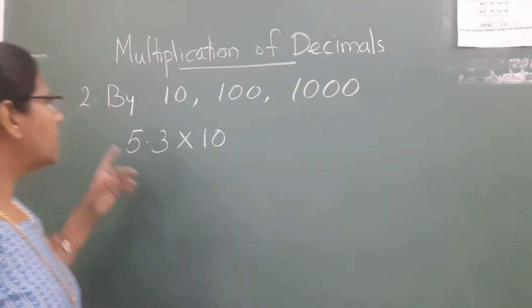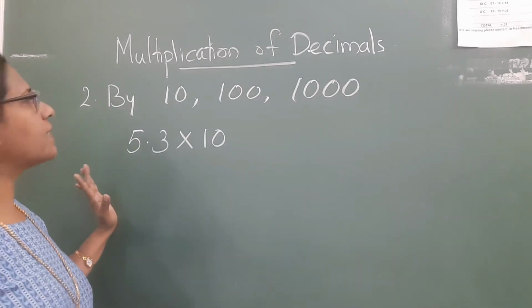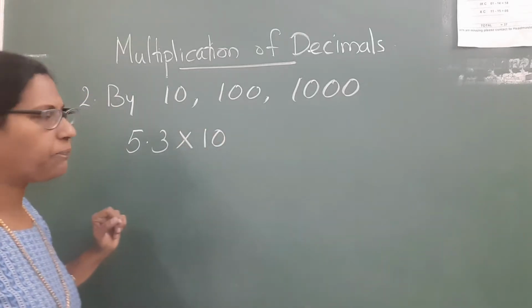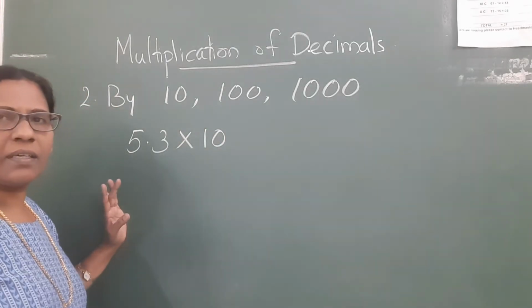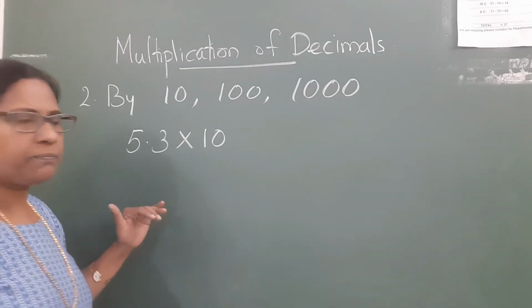60.12. The second one is multiplication of decimals by 10, 100 and 1000. This is very easy. We have already learned what we do when we multiply by 10.